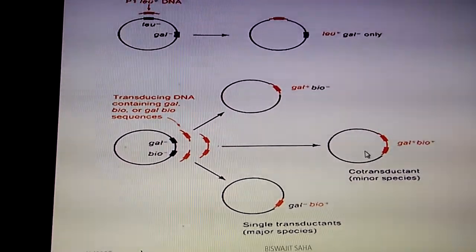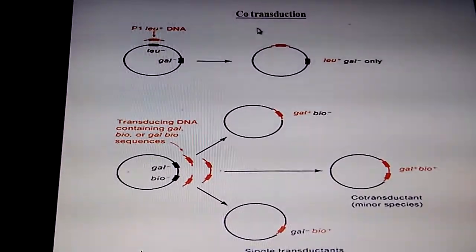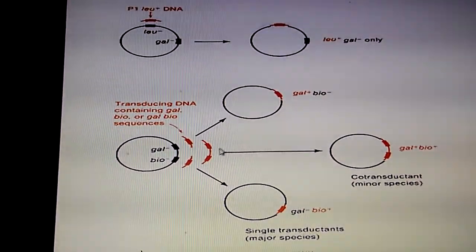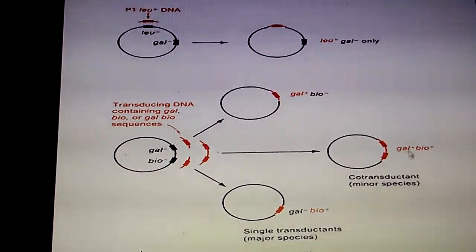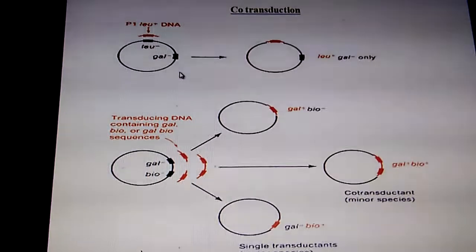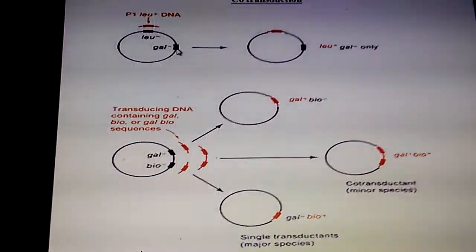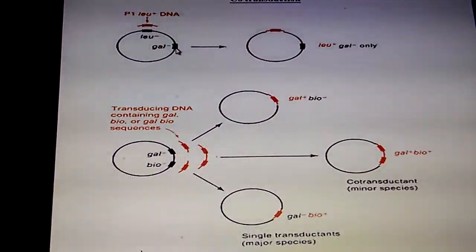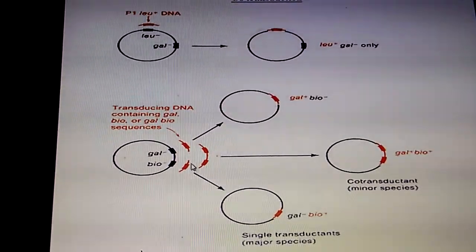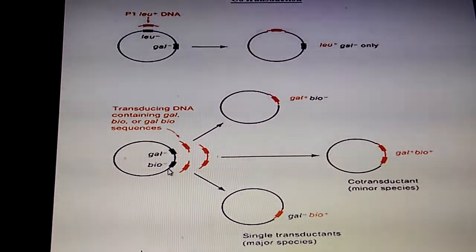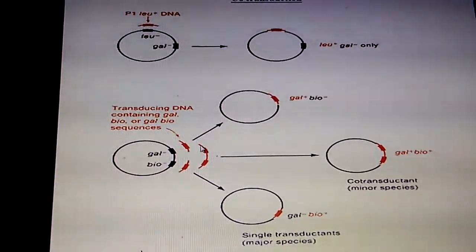So the idea is that in order to get co-transduction, what will you require? You require two genes which are very closely present. Say Gal Bio can be co-transduced, but Leu Gal cannot be co-transduced because leucine and galactose genes are very far away. So it will not be carried within the same P1 phage. But if the Gal and Bio genes are present, they can be carried within the same phage.